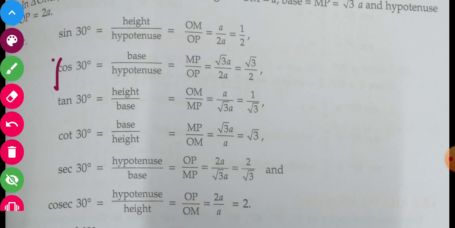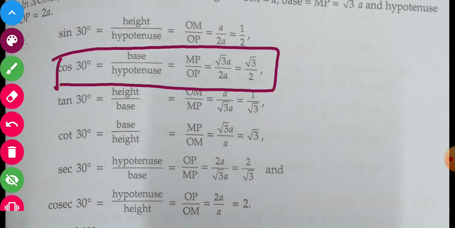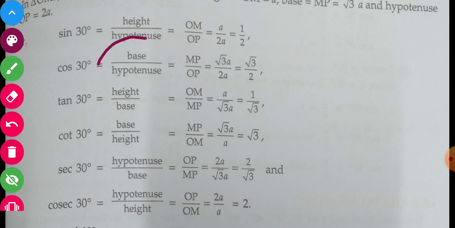Similarly, you find cos 30. So cos 30 is base upon hypotenuse. In this triangle, it is MP upon OP. Substitute their values. a and a get cancelled, and you get root 3 by 2. So cos 30 has the value root 3 by 2. Similarly, tan 30 is height upon base, so substitute the values, and tan 30 is 1 by root 3.